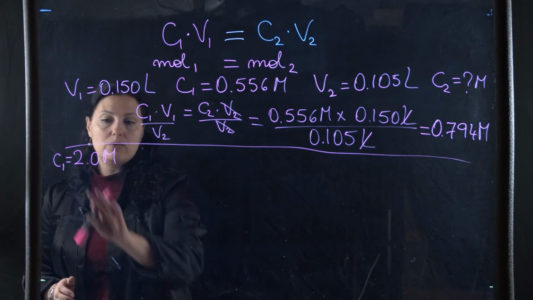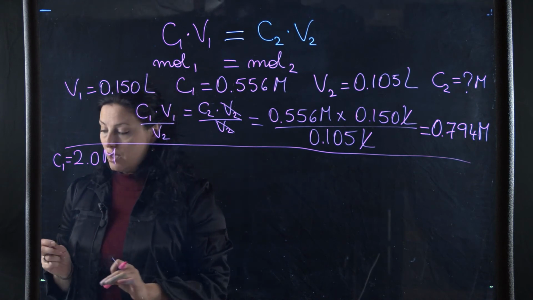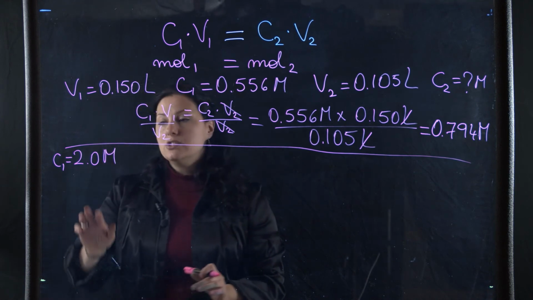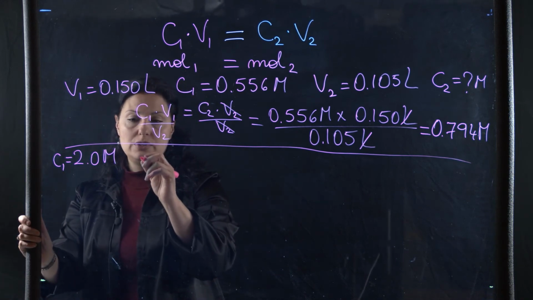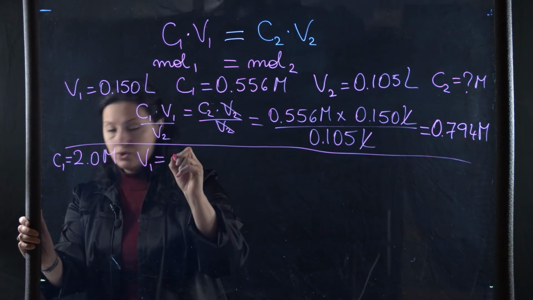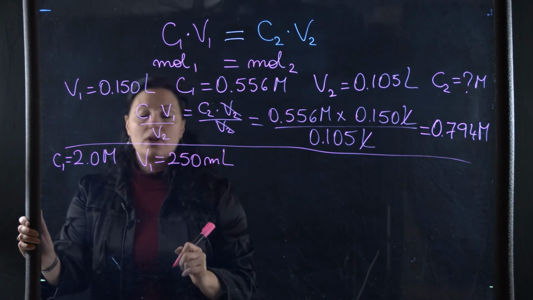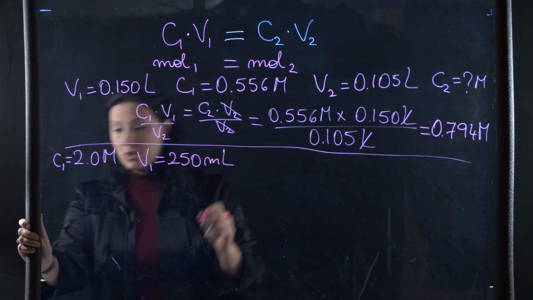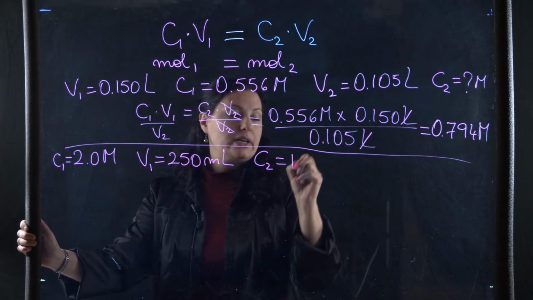Now notice I want 250 milliliters of 2 molar HCl, not of 11.9 molar. So my C1 is 2.0 molar, and the volume, so V1, is equal to 250 milliliters. My C2 then, my second concentration, is 11.9 molar.